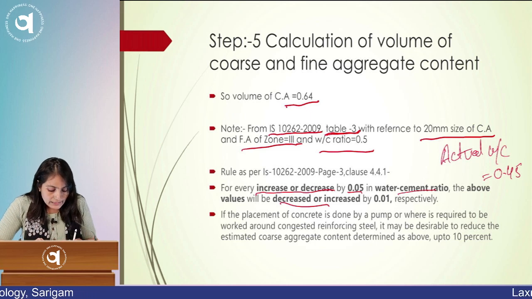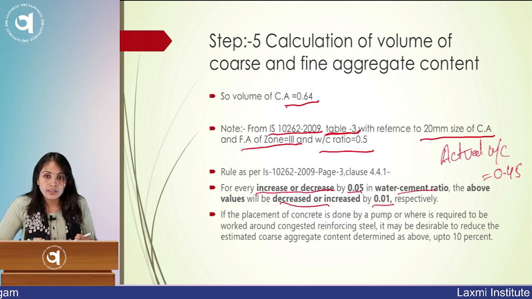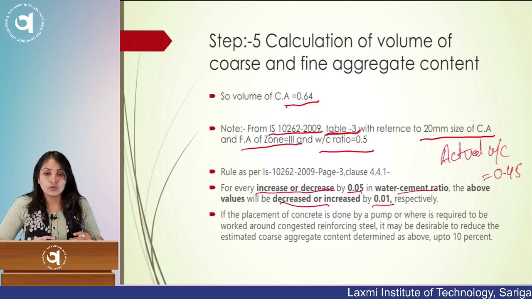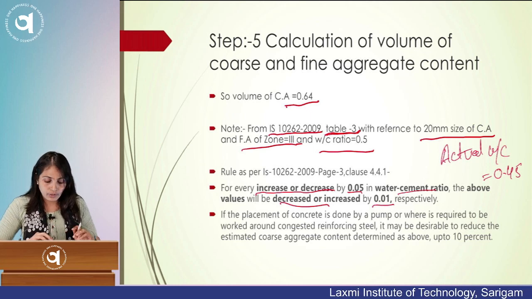So if you increase the water cement ratio by 0.05, your coarse aggregate will decrease by 0.01, and if you decrease it by 0.05, your coarse aggregate will increase. So inversely proportional. Okay, you understood?